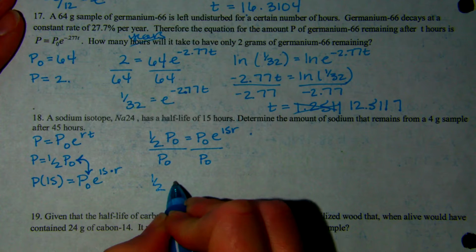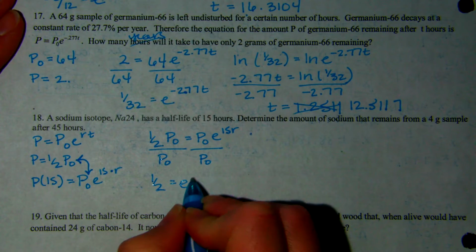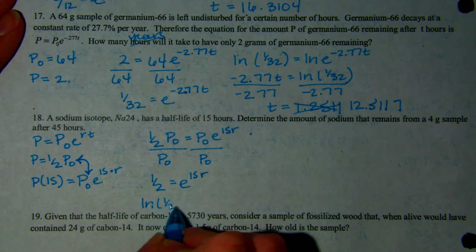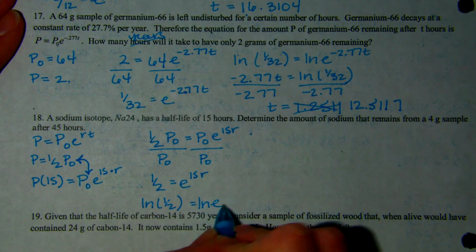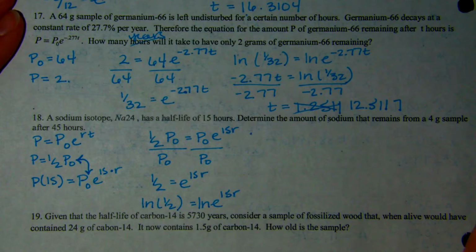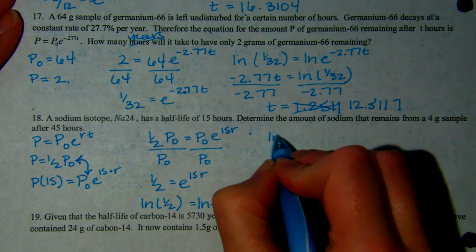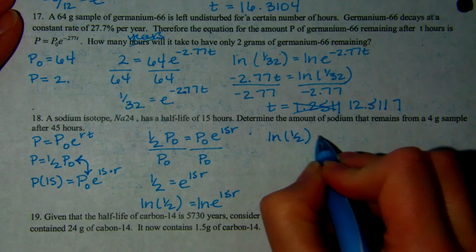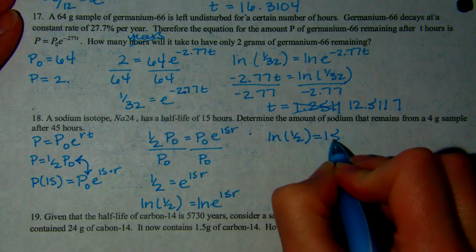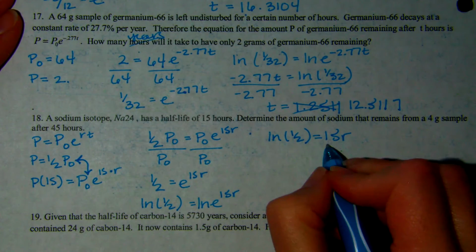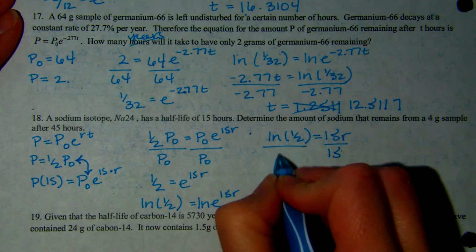So this is 1/2 is equal to e to the 15r. Take the natural log of both sides. So the natural log of 1/2 is equal to 15r. This simplifies just to the 15r. And then you divide by 15.